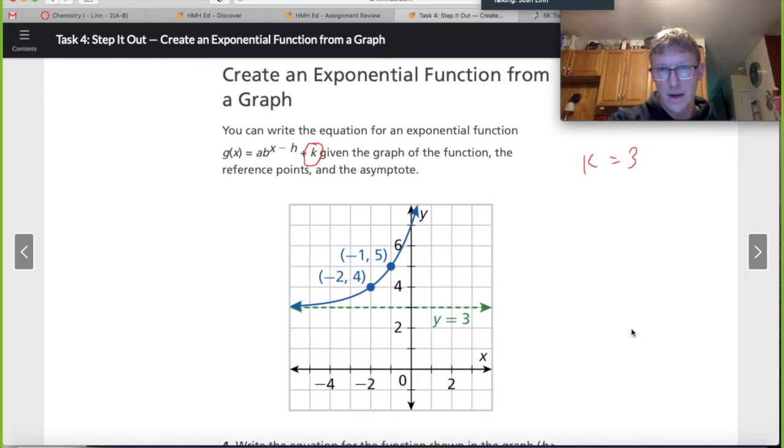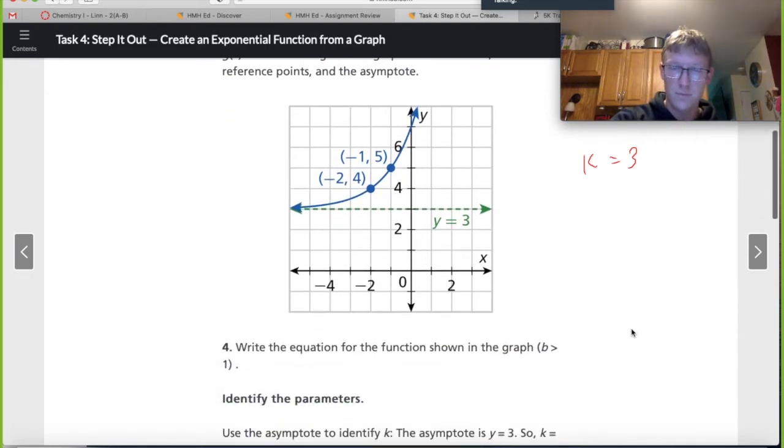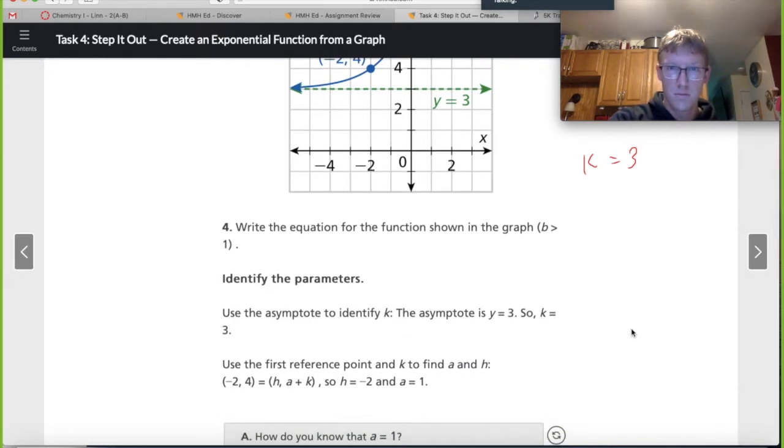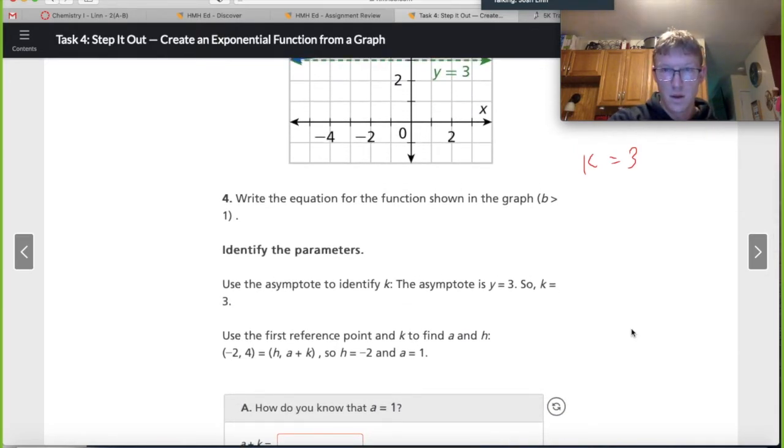So that means that our whole function has a plus 3 at the end of it because it's translated up 3 units. So there's our asymptote. And so k equals 3.